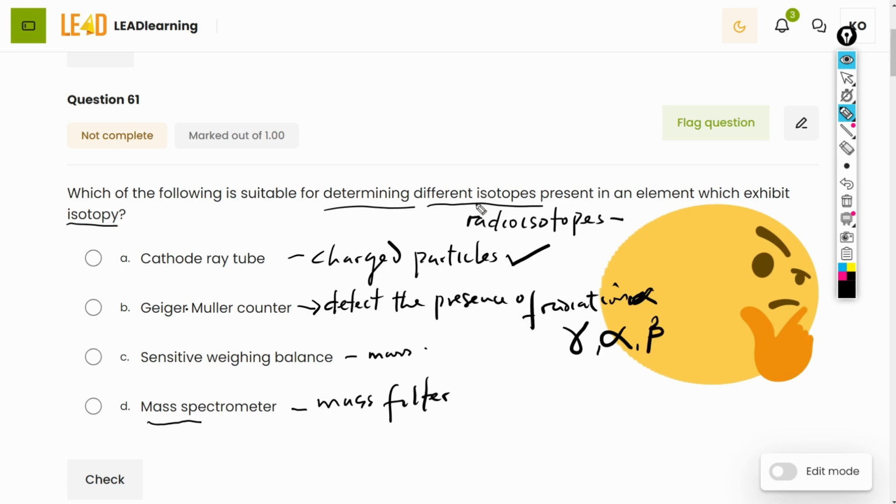And we're focused on isotopes here, not on radioisotopes, which are the isotopes that emit radiation. And then the sensitive weighing balance is still not sensitive enough to measure the mass of the isotopes as they're quite minute. So our answer is the mass spectrometer, option D.